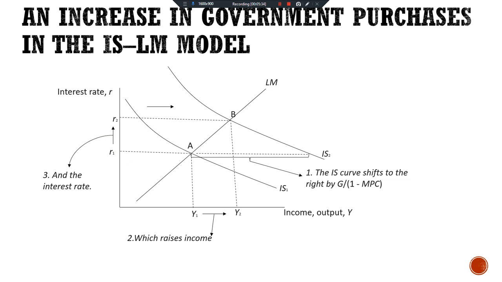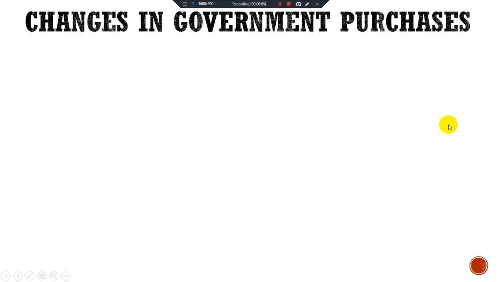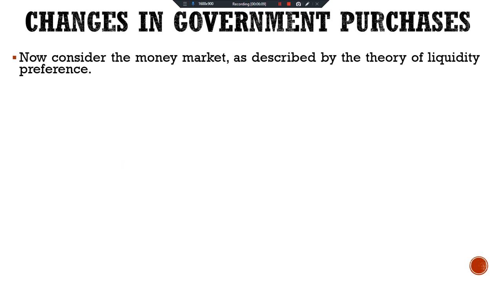Here is the story. When the government increases its purchases of goods and services, the economy's planned expenditure rises. The increase in planned expenditure stimulates the production of goods and services, which causes total income to rise from Y1 to Y2. These effects should be familiar from the Keynesian cross. Now consider the money market as described by the theory of liquidity preference.